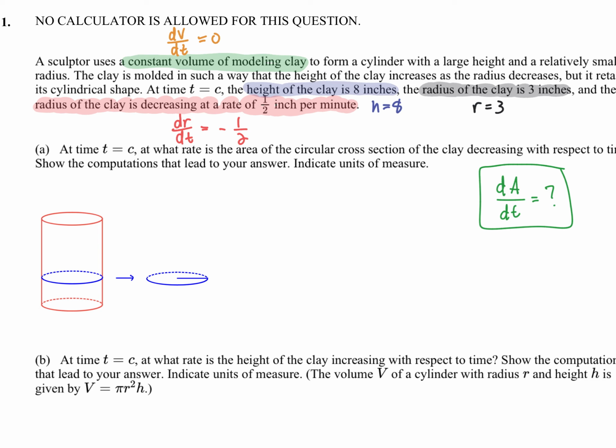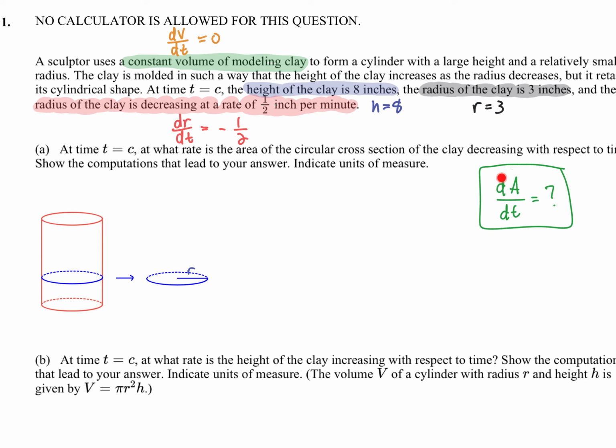Okay, so the first thing after we draw our picture is to label any quantities that are changing. If we're focusing on the cross section, the only thing we're going to be focusing on is the radius, so we'll label it r. Then we need a formula that involves all the variables.